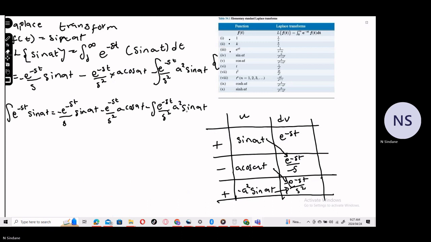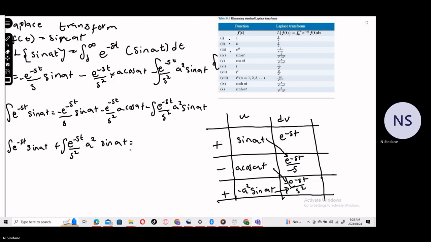Right? Rearrange, take this to the other side. Why? Because I have common factors, which is e to the power minus st and sine at. So I'm going to take this integral sign to the other side. This will be the integral of e to the power minus st sine of at plus the integral of e to the power minus st over s squared, this a squared sine of at.